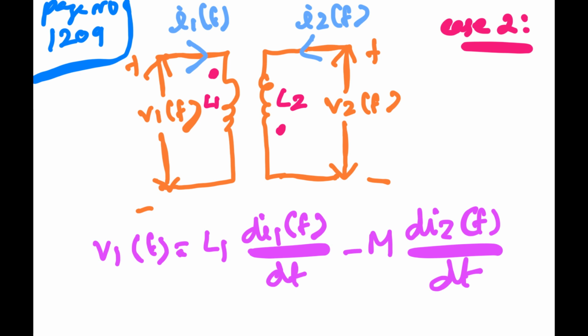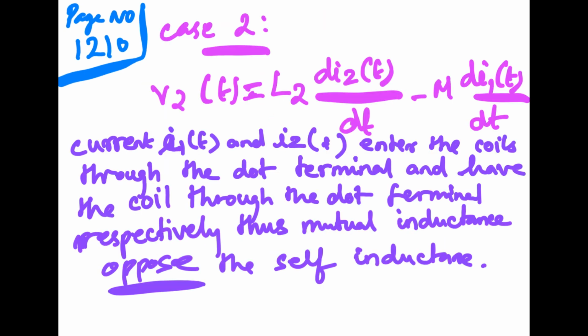Case 2, parallel circuit shown in the figure. The dotted terminal of one coil is an entry point, and that of the other coil is a leaving point. v1(t) and v2(t) are voltages, i1(t) and i2(t) are currents. The V1 and V2 formulas are obtained with minus mutual inductance.